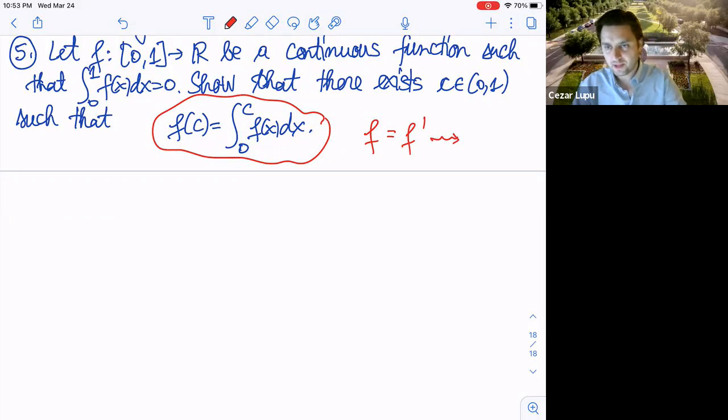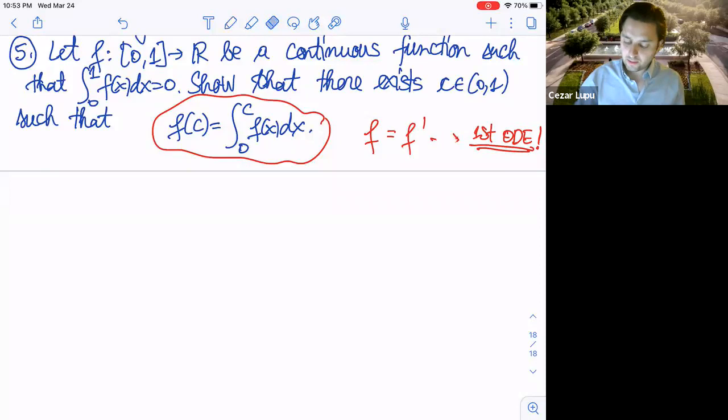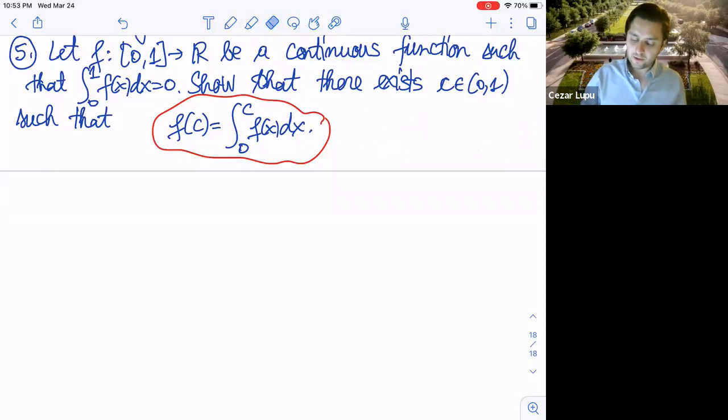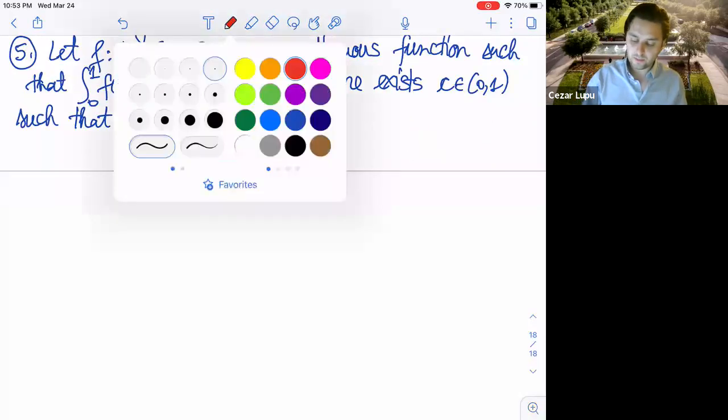But this is like a first order ODE, whatever that means. And usually when you solve this ODE, there is e to the power x involved. So maybe we should construct an auxiliary function which looks a little bit like this.